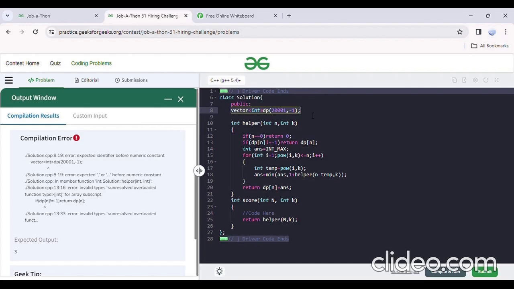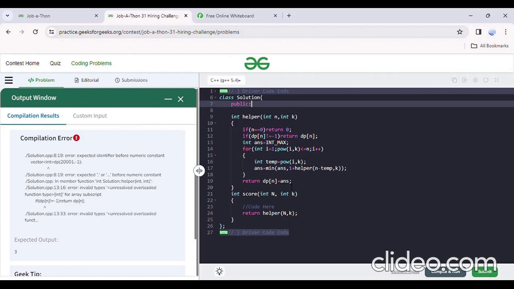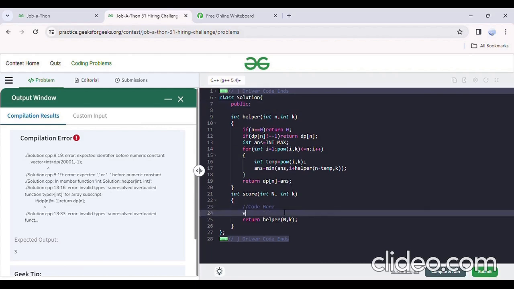Just wait guys. Here n plus 1 comma minus 1.